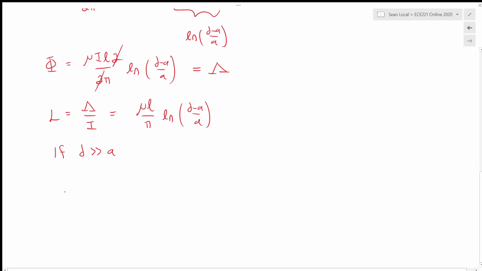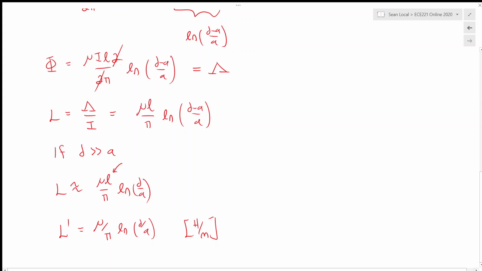And we can say that L is approximately equal to mu L over pi times natural log of d over a. Again, we see that the inductance is uniformly distributed per unit length. So if we wanted to write L prime, we could just divide that out, and it's mu over pi times ln d over a, and this would be in henries per meter.